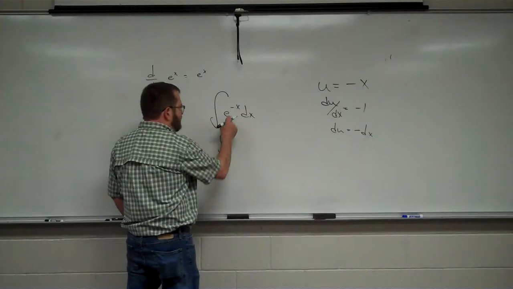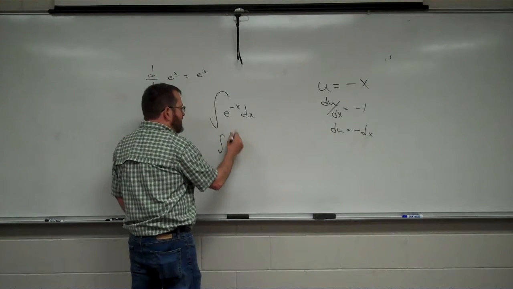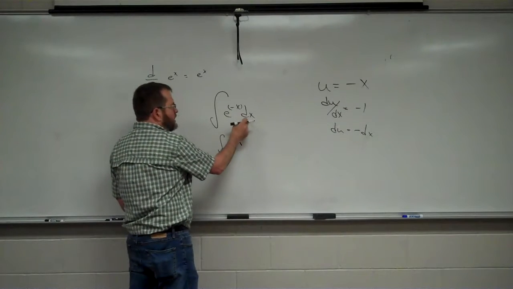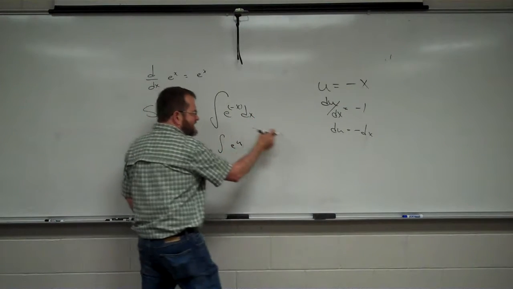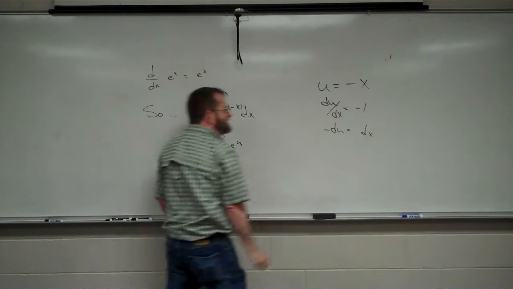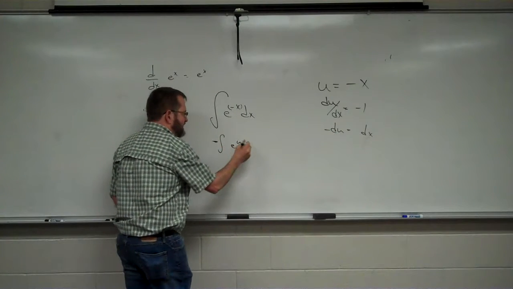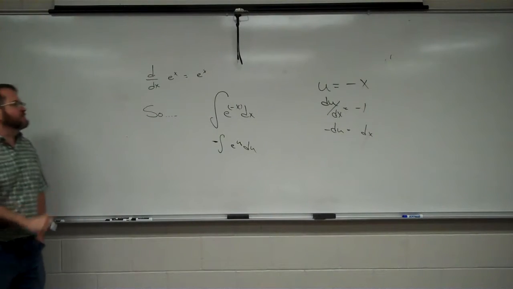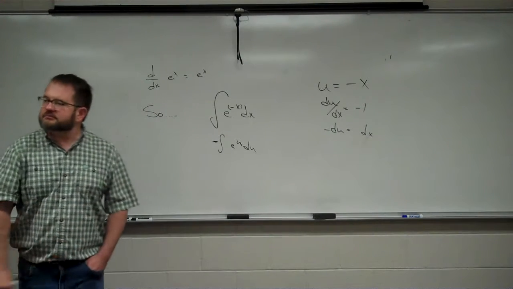Let's see how we rebuild this in terms of u. e to the, well, negative x is u. That leaves us dx, but dx is the same thing as negative du. I'll put the negative out in front to simplify things a little bit. Now we have an easy form.